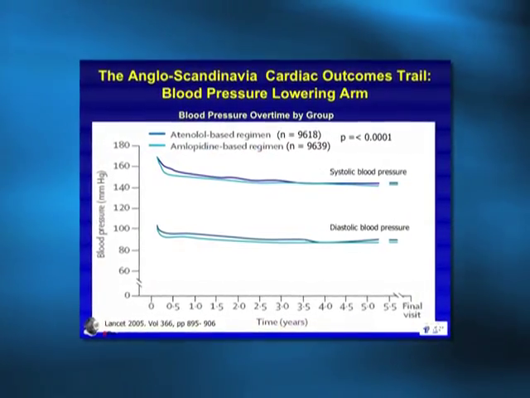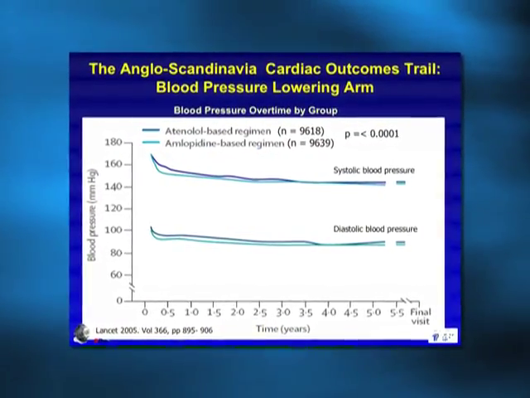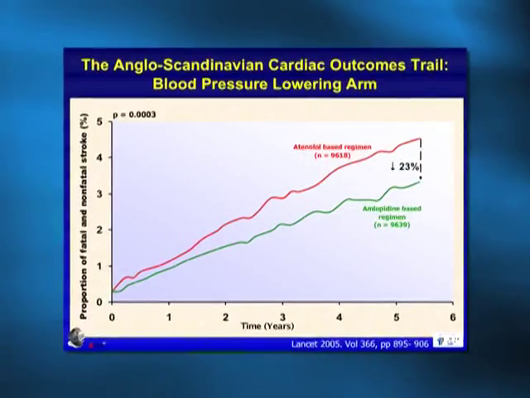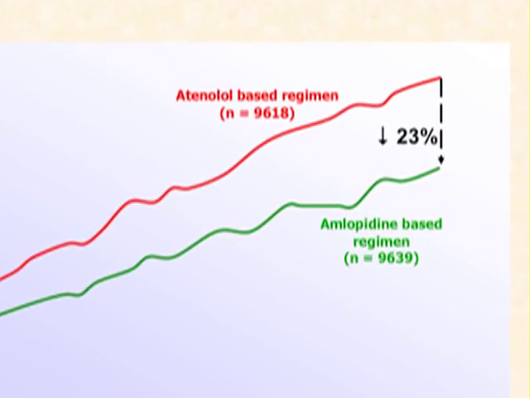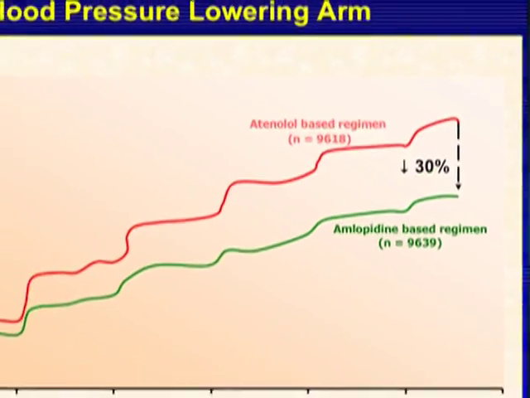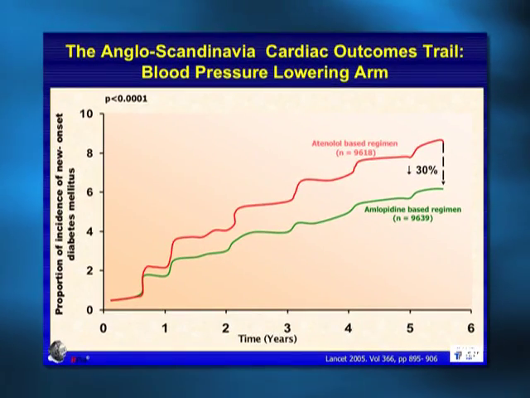They are almost identical and matched for age, sex, and everything else. But at the end of 5 years, the group treated with a certain drug, beta blockers, had 23% more stroke and 30% more diabetes compared to the second group.